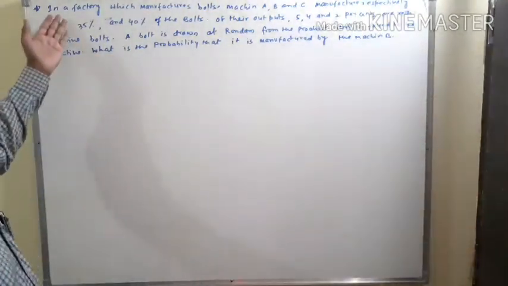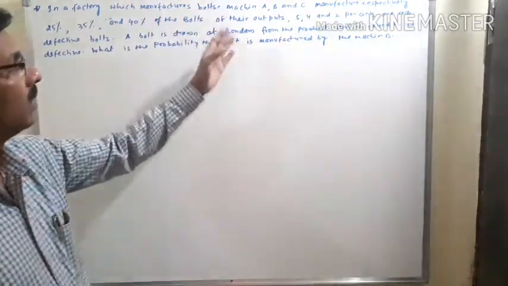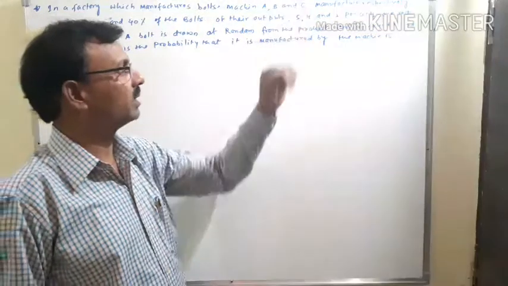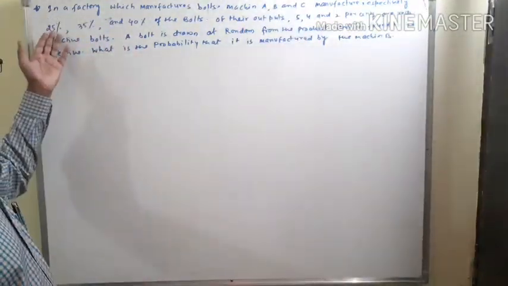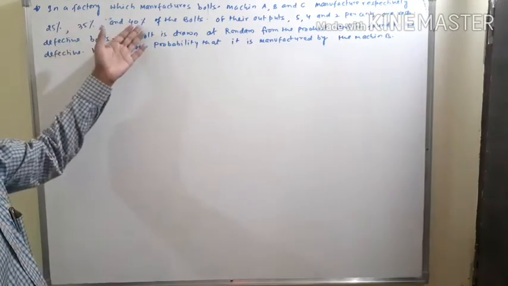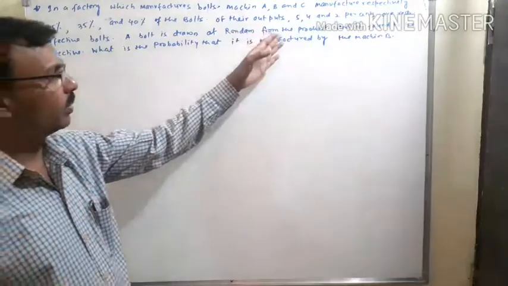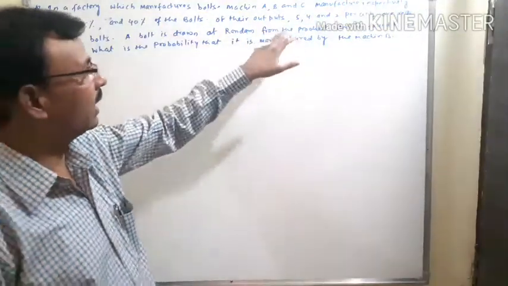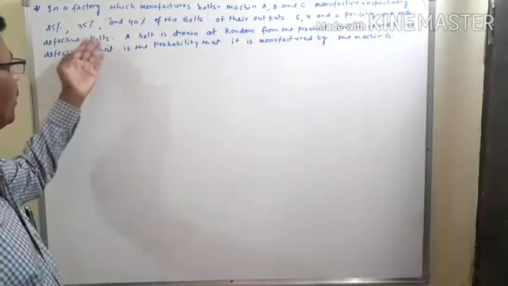The problem is: in a factory which manufactures bolts, machine A, machine B and machine C manufacture respectively 25%, 35% and 40% of the bolts. Of their outputs, 5, 4 and 2% are respectively defective bolts.